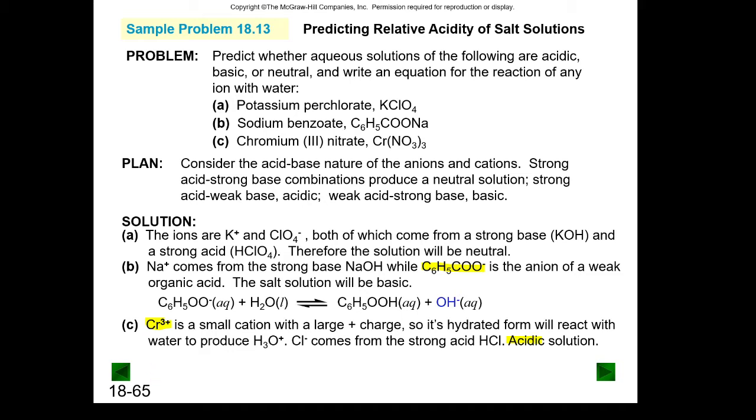Okay. So salts could play a role in changing the pH of a solution. It depends on what your cation and your anion of the salt are. All right, questions on that?